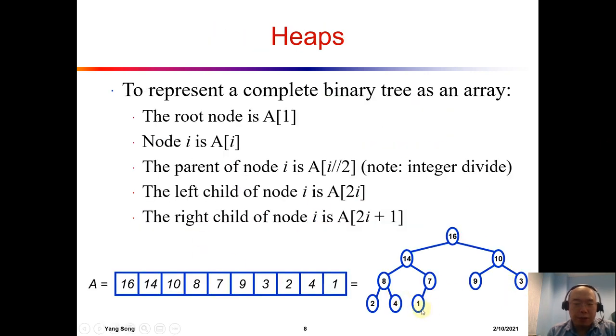So the answer is yes. I didn't violate anything, so 16 is greater than 14, 14 is greater than 7, and 7 is greater than 6. So I didn't break anything. However, if I change this 1 to 6, the smallest value will be 2. So in this case, it's not guaranteed the smallest value will be the last value in the heap.